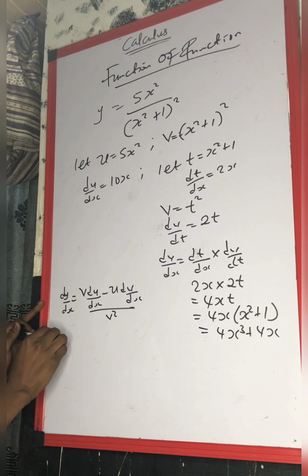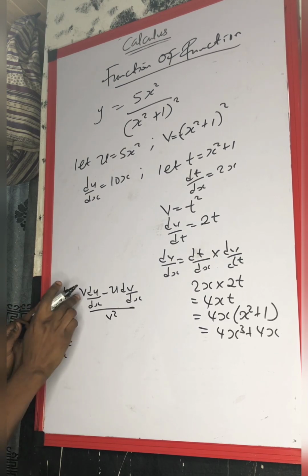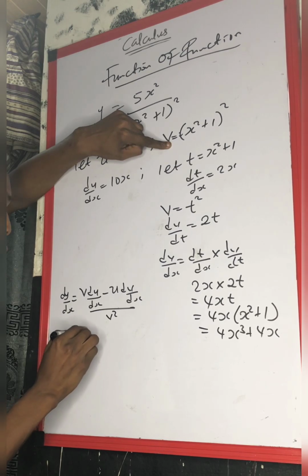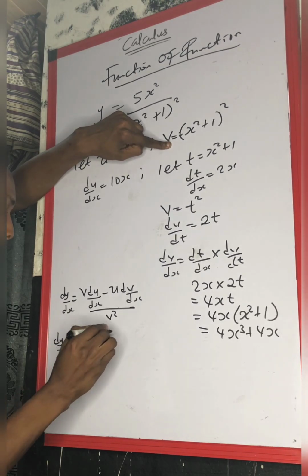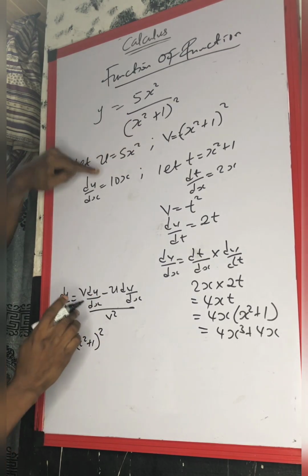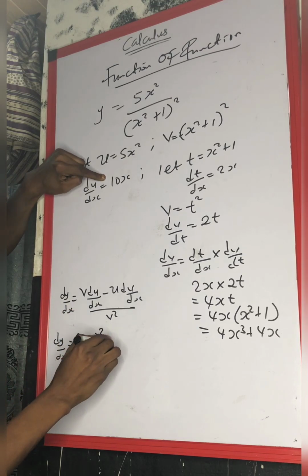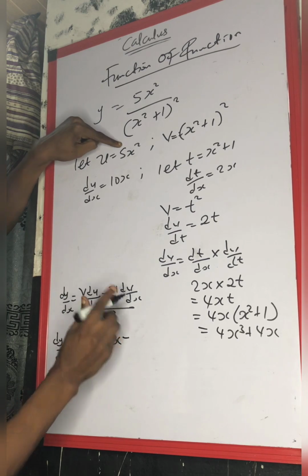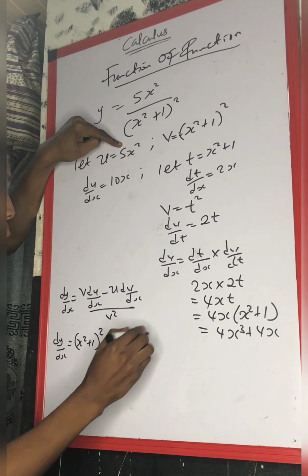So from there, our dy/ds becomes: our v is everything here, s squared plus 1, then squared. Then du/ds is 10s, then minus our u, which is 5s squared.